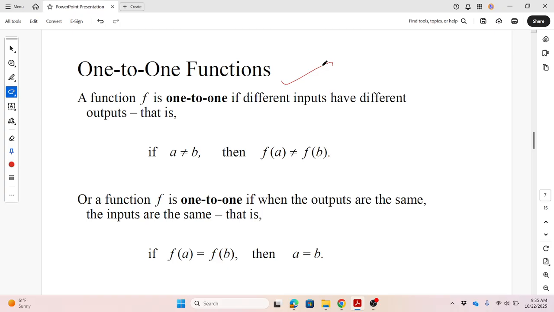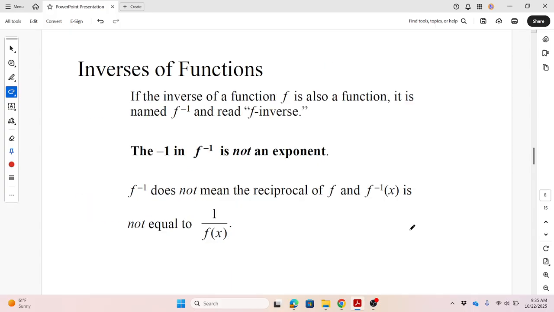So when it's possible to have an inverse function, your original function has to be one-to-one function. And what is one-to-one function? A function is one-to-one if for different inputs there are different outputs, or if two outputs are equal, then inputs must be equal. So only that function is called one-to-one function. And then we use very special type of notation for inverse.